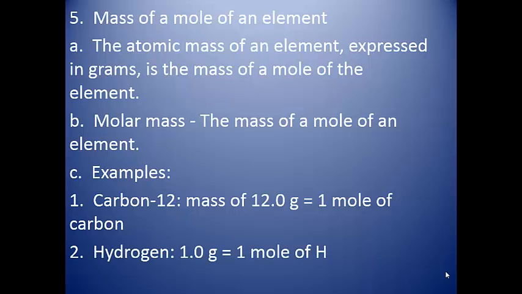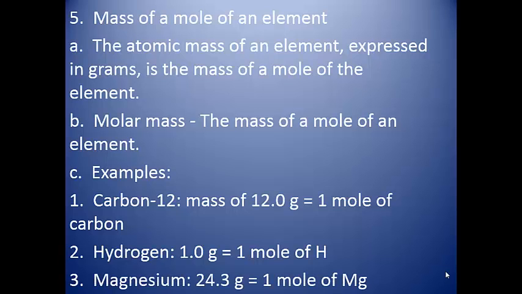So hydrogen, for example, again rounding to the first decimal place, we have 1.0 grams, and that's 1 mole of hydrogen. And then if we look at magnesium for our last example, 24.3. So that's again the number of grams for 1 mole of whatever element you're looking at on the periodic table.